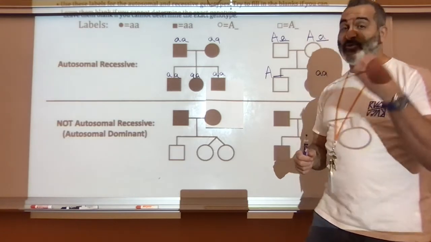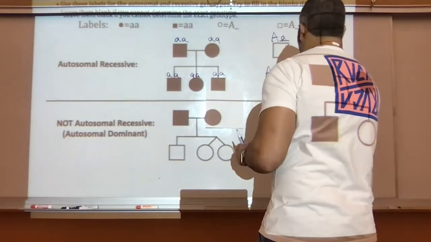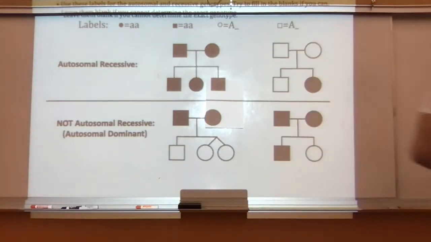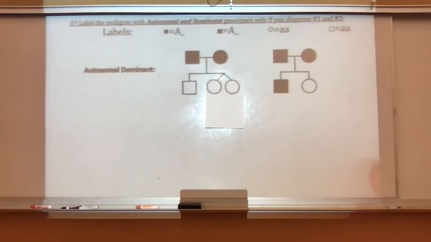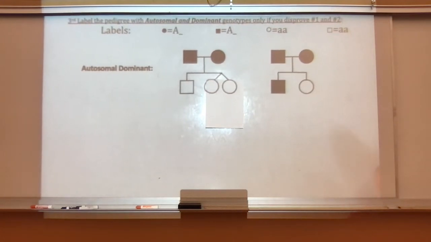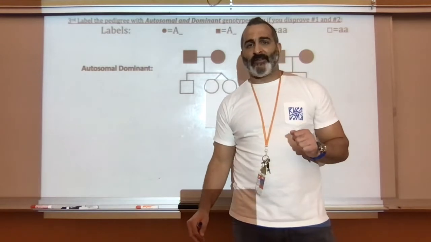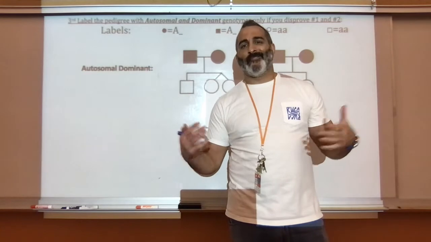All right? So now let's do the third type, the third and final type. Now, the nice thing about the third one is that if you prove 1 wrong and you prove 2 wrong, you're only left with number 3.